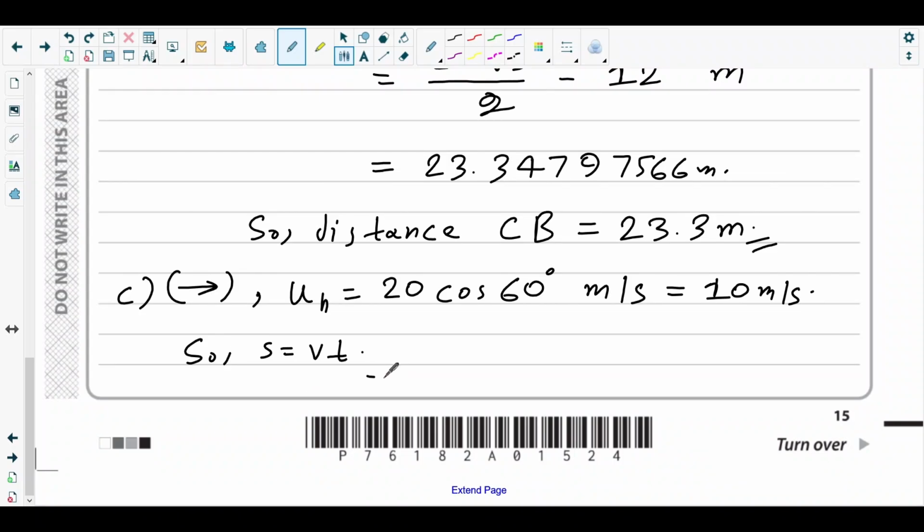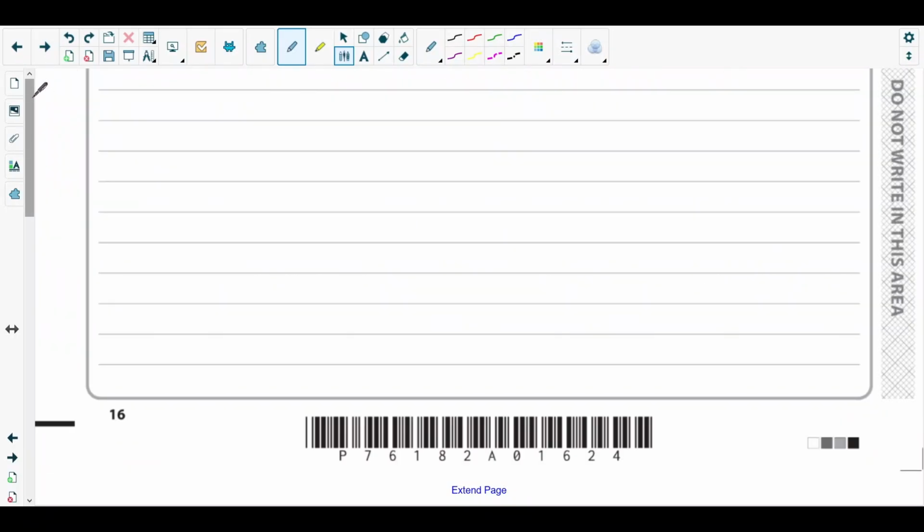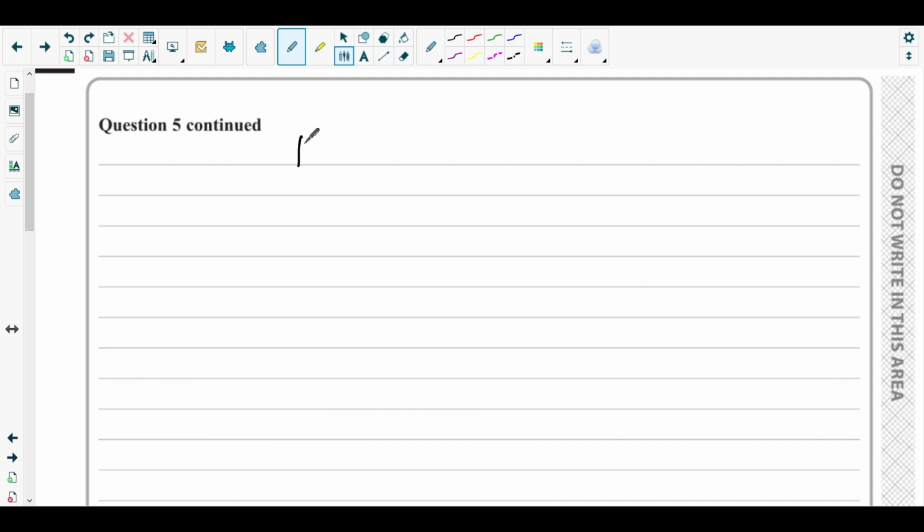We need the total time taken to reach the point C from A. So t equals 12 over 10, which is 1.2 seconds. So we got the time taken for the particle Q to reach the pole. Now use this time to get the vertical displacement.